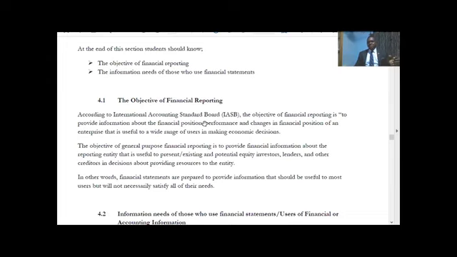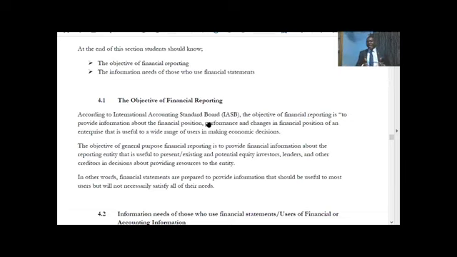So what do we mean? According to IASB, there is the need for an entity to prepare financial statements because once they are prepared, they provide information on the entity's financial position, the entity's financial performance, and the changes in the financial position of the entity.